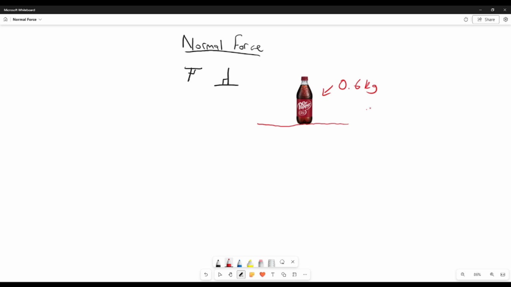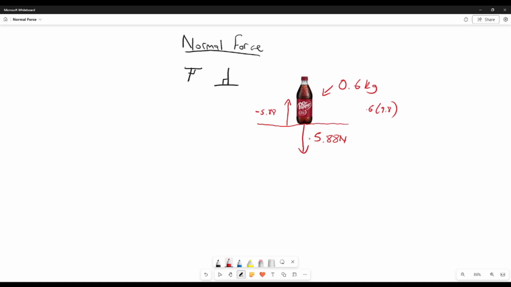So if you multiply 0.6 by 9.8, you'll find that the weight of this bottle is 5.88 newtons, which means that the normal force being exerted on the bottle is the opposite of that. So you could say negative 5.88 if you want down to be positive.